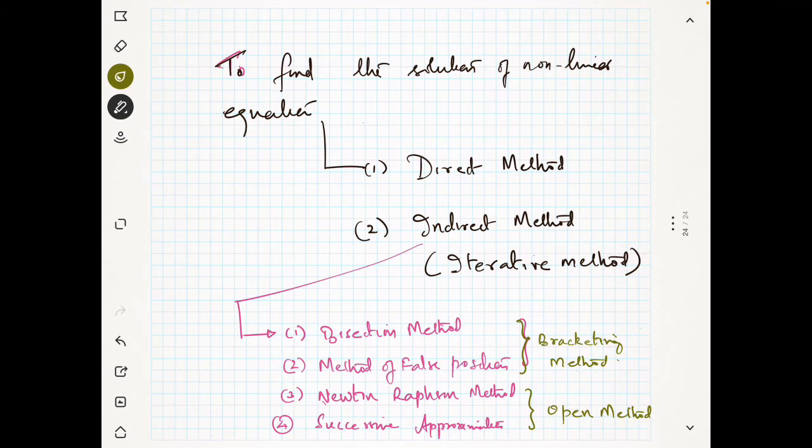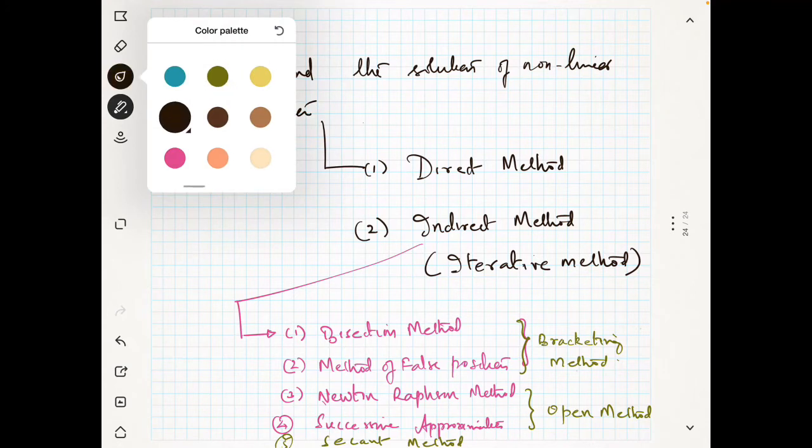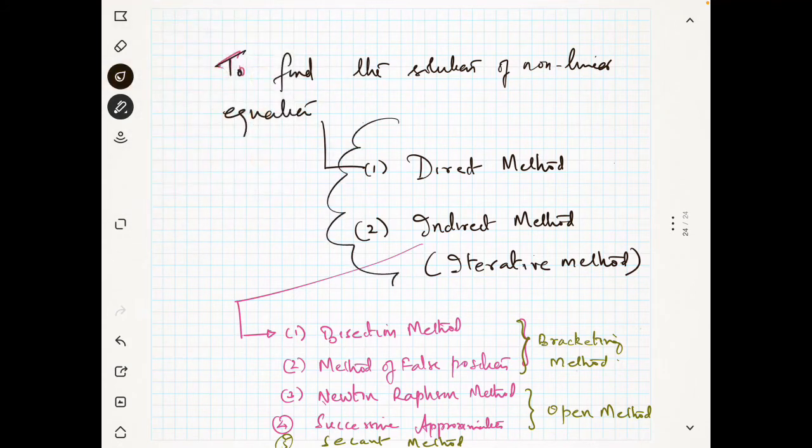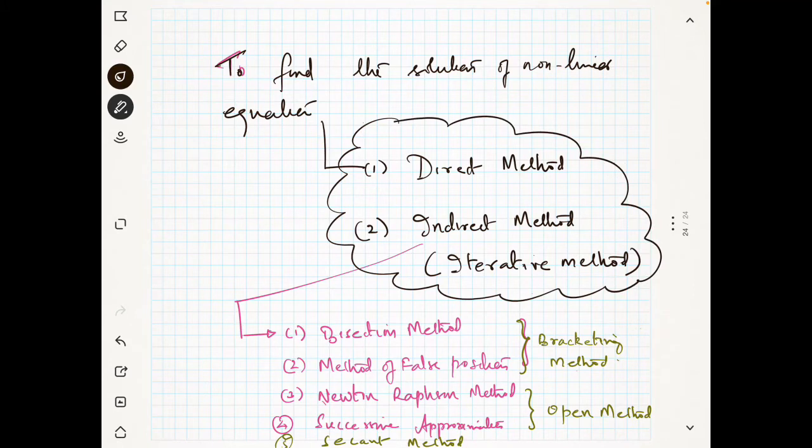And I think there is one more method we will be discussing, which is known as the secant method. So basically we will be classifying how to find the solution by using two methods. The basic method, that is the direct method, we have already seen.